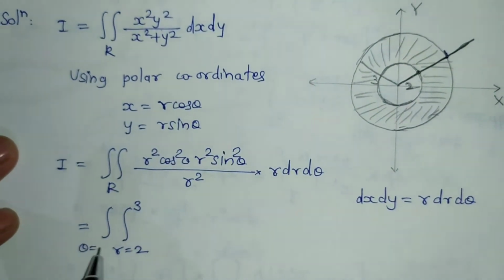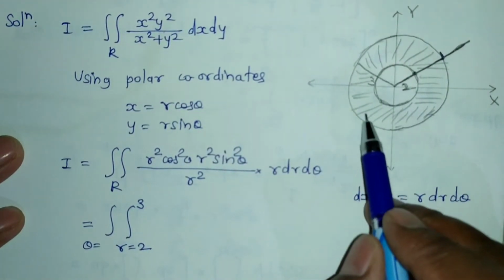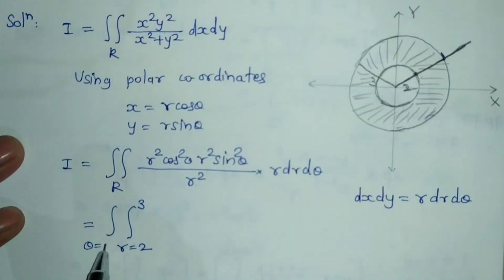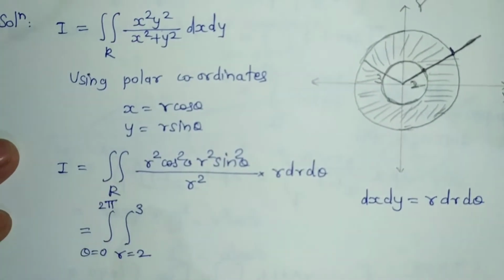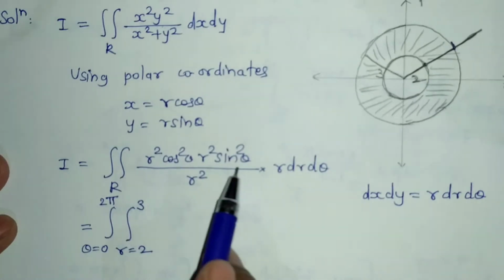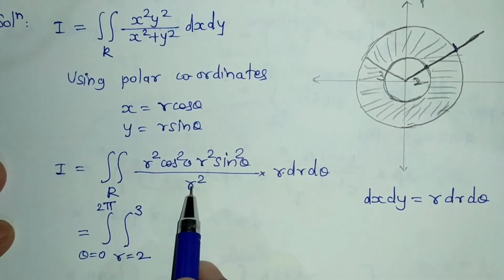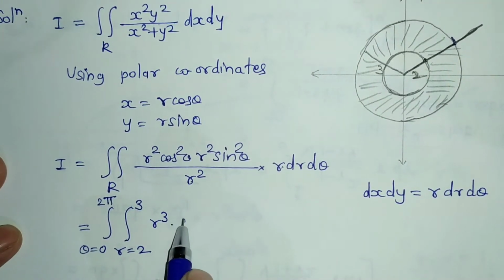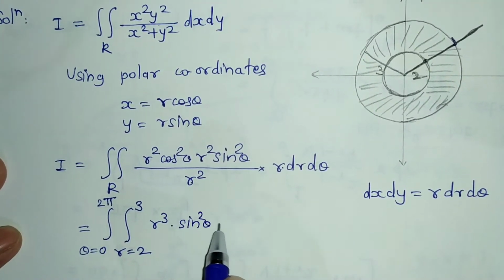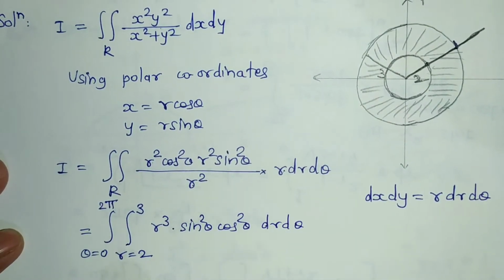As we move this line from theta equal to 0 to theta equal to 2 pi, for this complete region theta changes from 0 to 2 pi. Now simplify this: r squared times r to the 4 is r to the 5, divided by r squared, so it is r cubed sin squared theta cos squared theta dr d theta.